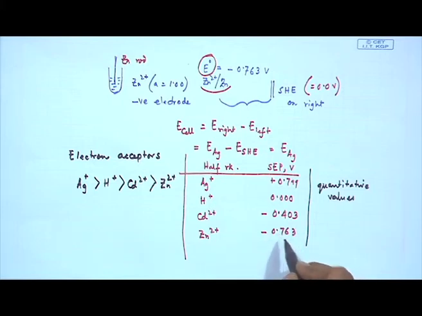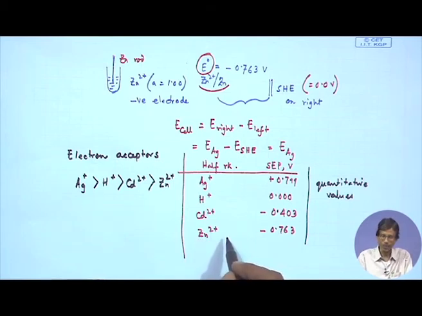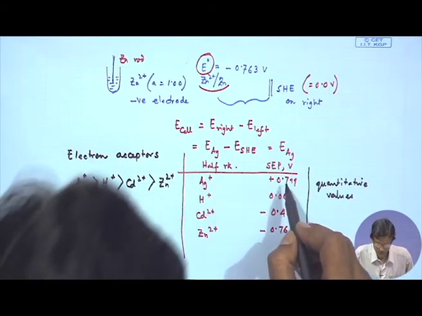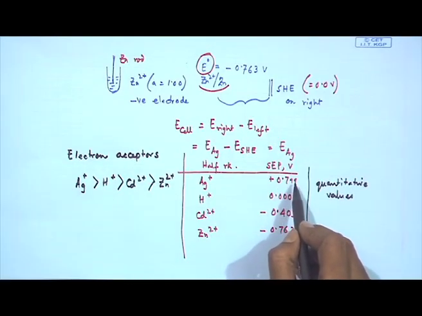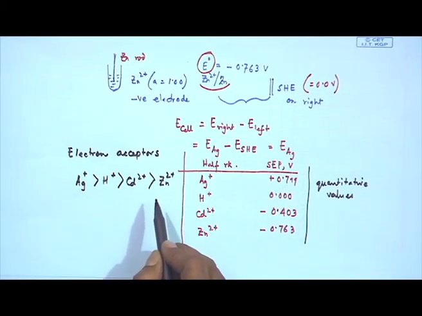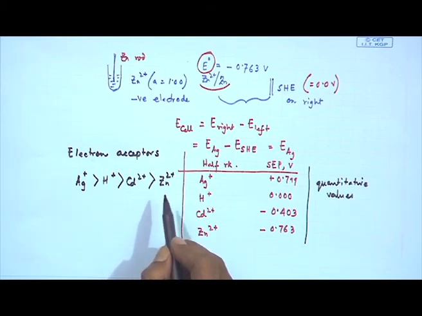These potentials are very useful to tell us whether metallic zinc can function as a reducing agent, because zinc 2 plus is a weaker oxidizing agent. Similarly, the silver ion will be the stronger oxidizing agent, having a standard electrode potential value of 0.799 volt. So, qualitatively the order we got earlier can also be established in terms of the different E0 values.